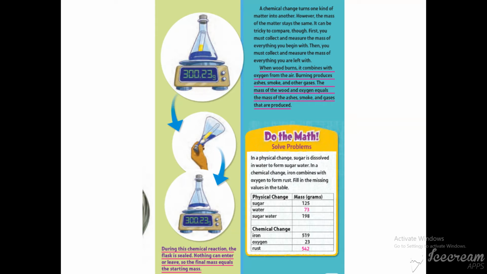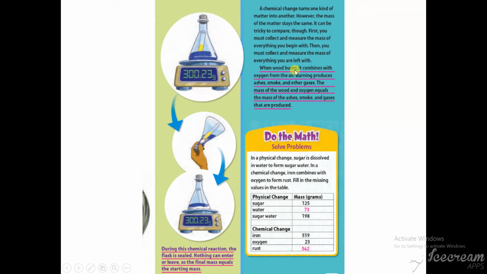So here, just to do an example, I take a conical flask, I collect something and I take the measurement here. How much mass is that? It's 300.23 grams, okay?